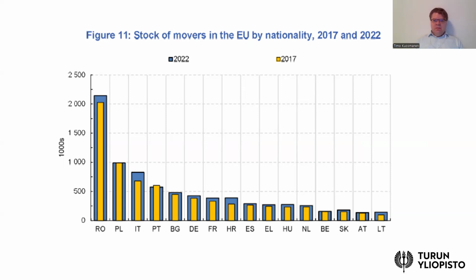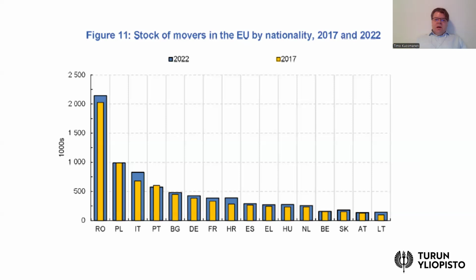The largest source country by far is Romania, followed by Poland, Italy, Portugal, and Bulgaria. And then there are large countries, Germany and France. But it's mainly indeed Romania, Poland, and then Southern Europe, Italy, and Portugal.